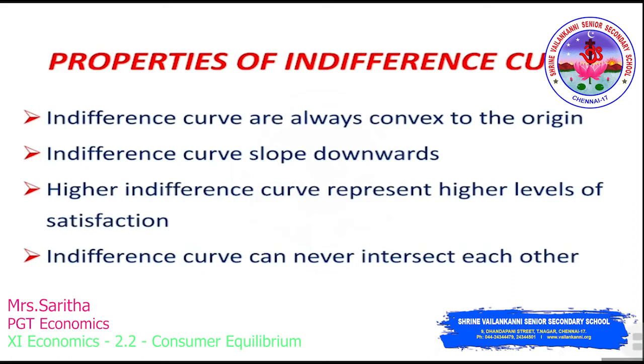Now let's move on to the second one, indifference curve slopes downwards. It implies that as a consumer consumes more of one good, he must consume less of the other good. If the consumer decides to have more units of one good, say X, he will have to reduce the number of units of another commodity, say Y, so that total utility remains the same.